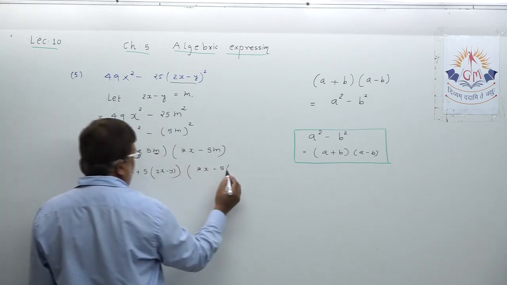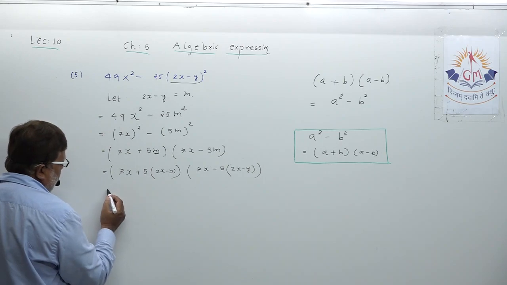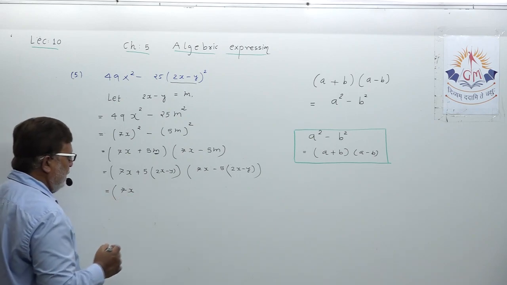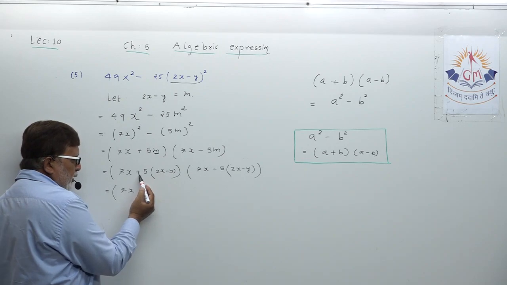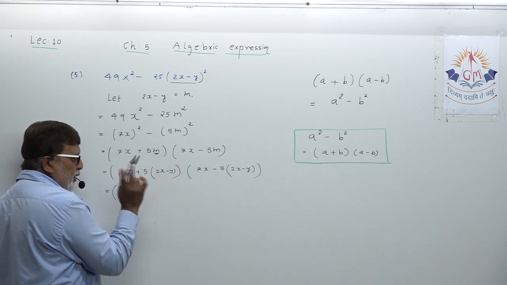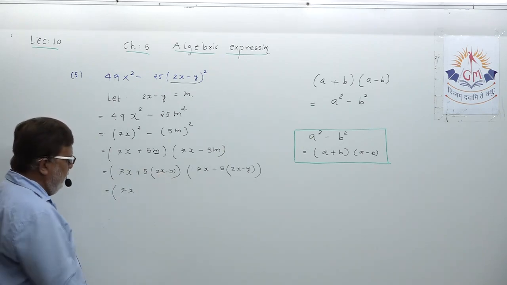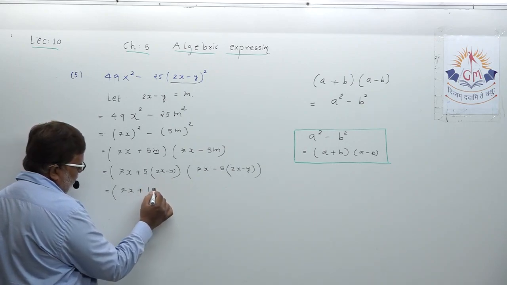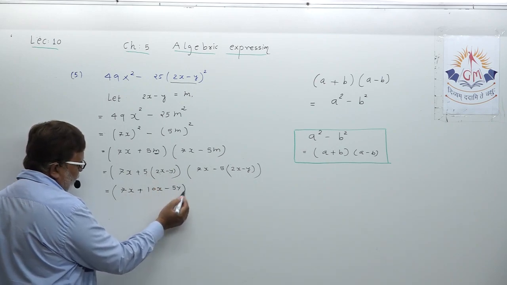Here in bracket write 2x minus y, bracket closed, main bracket closed. Now 7x, here open the bracket. Here there is a plus sign, so when you open the bracket, no sign change will take place in both terms. Okay. Plus 5 times 2 is 10x, plus minus minus 5y.